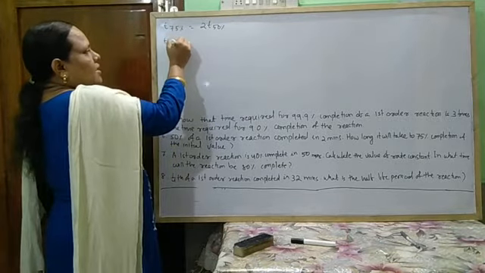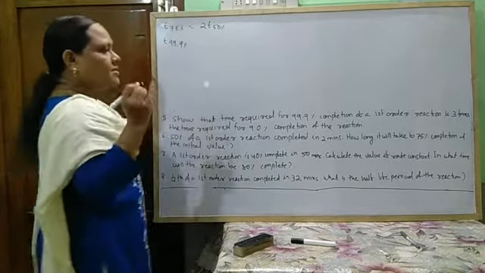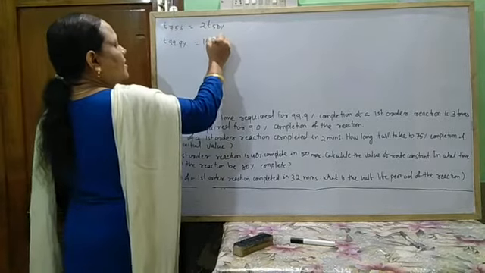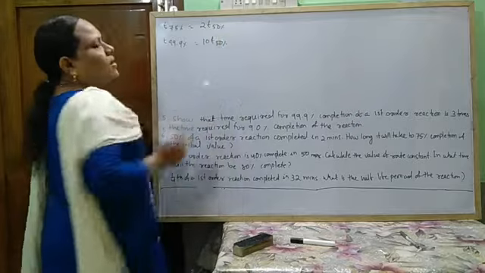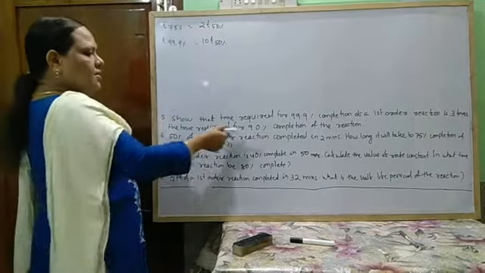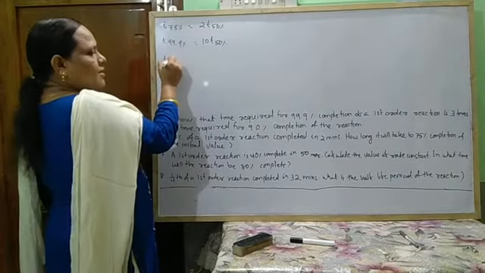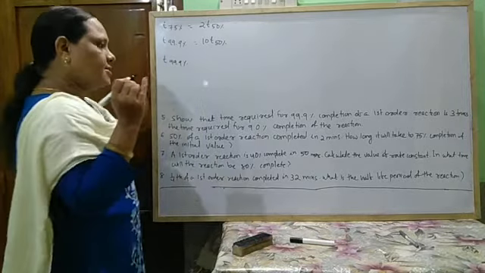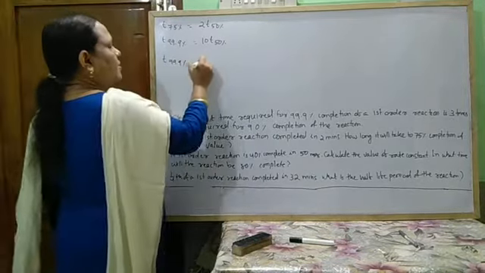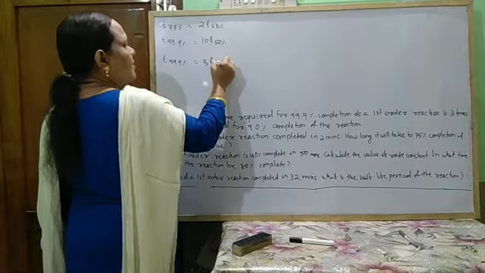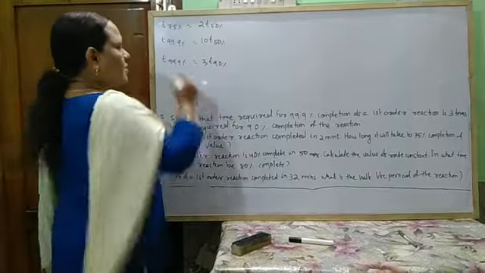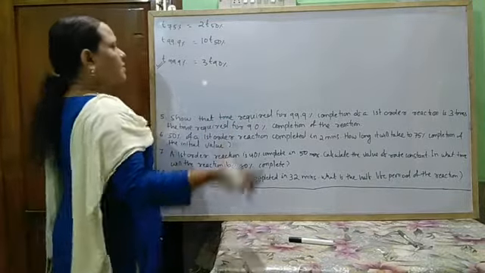T 99.9% is equal to 10 T 50%, that is T half. Similarly here we have to prove T 99.9% equals 3 T 90%. Okay, so how to solve this? Here we have to solve this question.